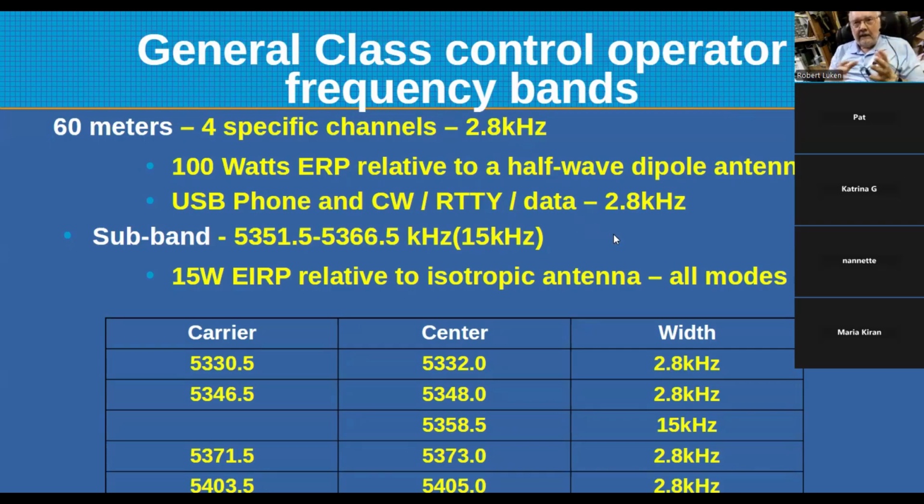The new thing is the band that used to be in the middle, which is now 15 kilohertz wide. You can still only operate in 2.8 kilohertz bandwidth, but you can operate anywhere in that 15 kilohertz band.